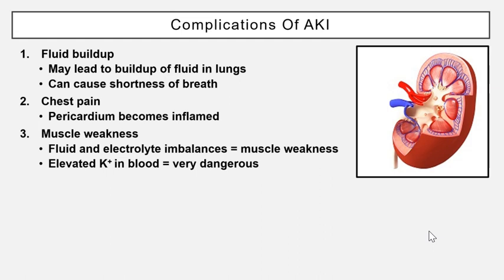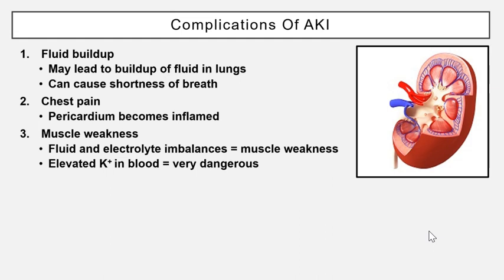And then there's complications with acute kidney disease. This is what patients are going to say is the problem, so you can target in on these things. That is fluid buildup, chest pain, and muscle weakness. There can be a buildup of fluid in the lungs, shortness of breath.